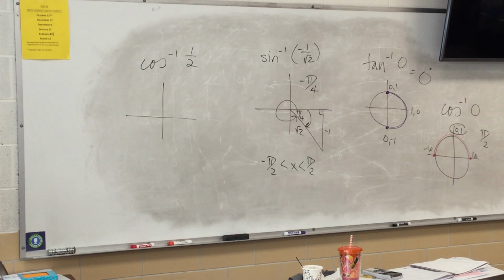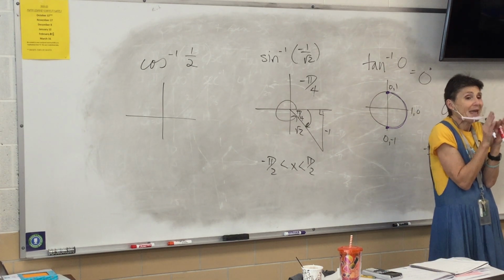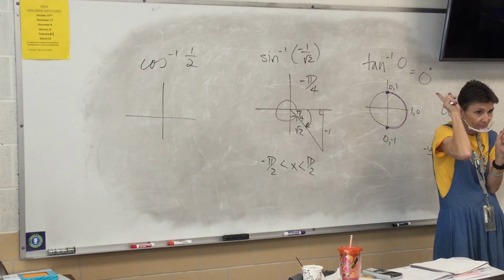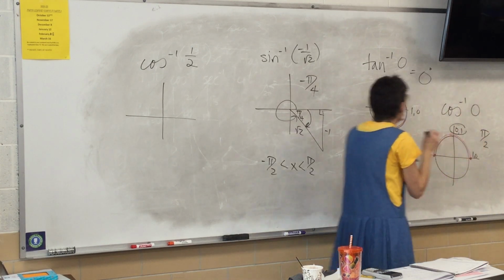The first thing you're thinking about is, where do I draw it? Quadrant 1. Now, it's an inverse cosine, but remember, inverse anything is in quadrant 1 if it's positive. So it wouldn't matter what this was. I would draw it in quadrant 1.